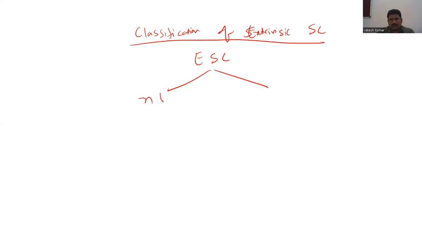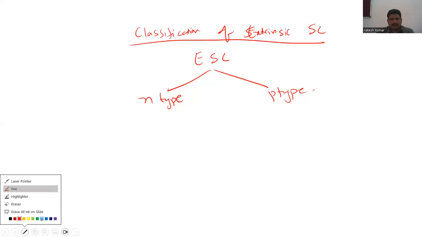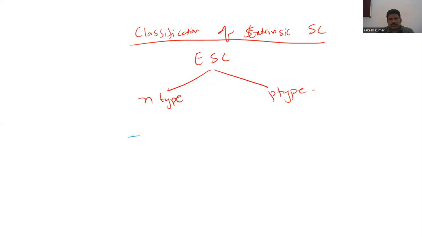One is the N-type extrinsic semiconductor, and the other one is the P-type extrinsic semiconductor. When will you say that a semiconductor is an N-type extrinsic semiconductor, and when will you say that it is a P-type extrinsic semiconductor?